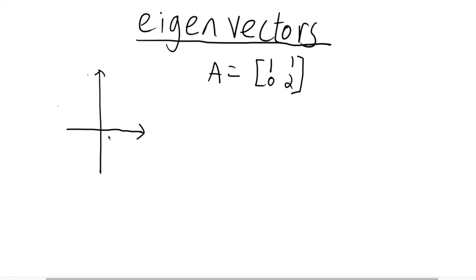If we have a vector on this two-dimensional plane and we apply the matrix A to the vector, it will end up somewhere else on the plane. So for example, I could have a vector u here, and after the matrix A has been applied, it may point in a completely different direction. So for example, maybe here.